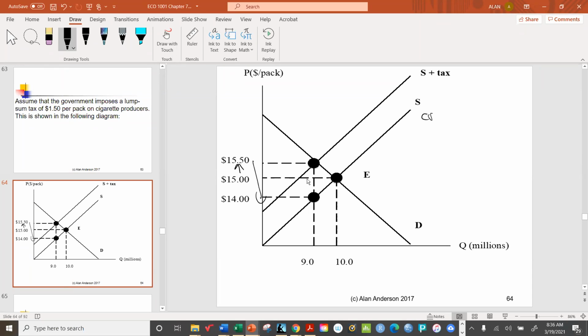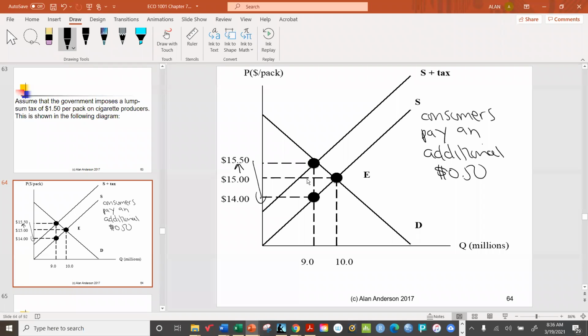Okay, so consumers pay an extra 50 cents per pack of cigarettes. Now the sellers, even though they're collecting $15.50 instead of 15, $1.50 of that is the tax.